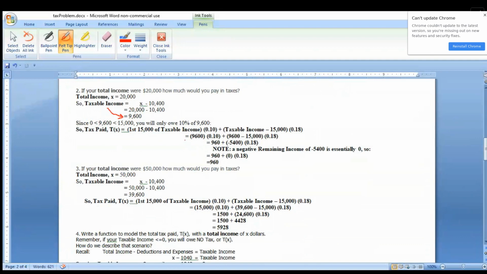Now, we don't have anything more for the right side because we didn't even go up to 15,000. We don't have to fill in the right side, but you could put numbers in there.